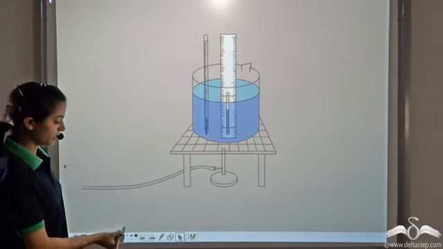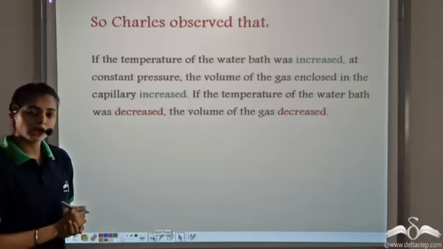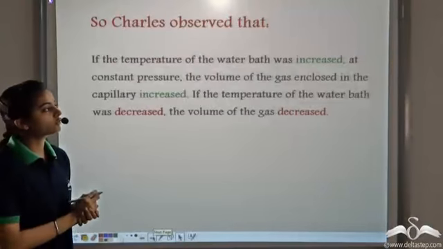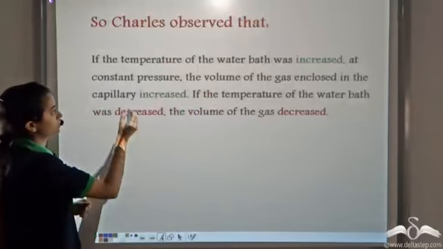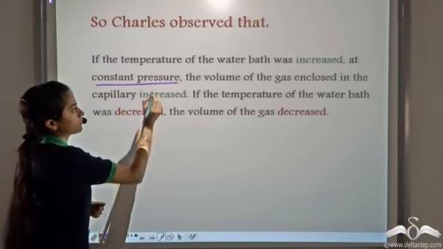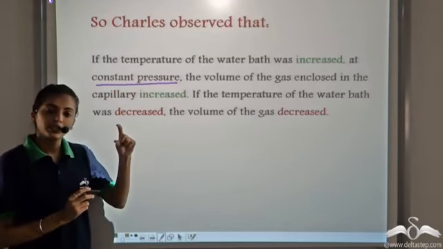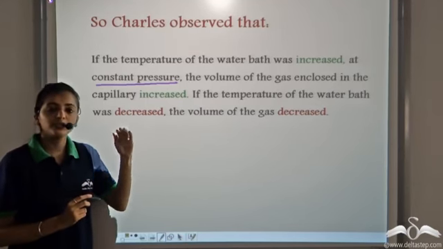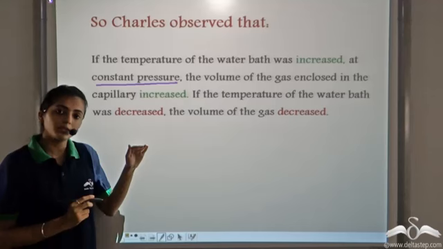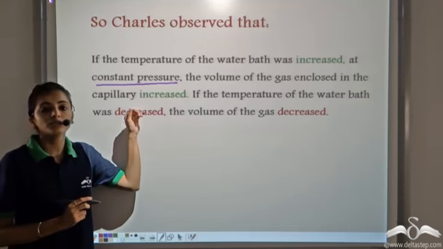So from this experiment, Charles observed the effect as the temperature of the water bath was increased at constant pressure. Since the gas trapped in the capillary tube was maintained at the same height throughout the experiment, he maintained constant pressure.